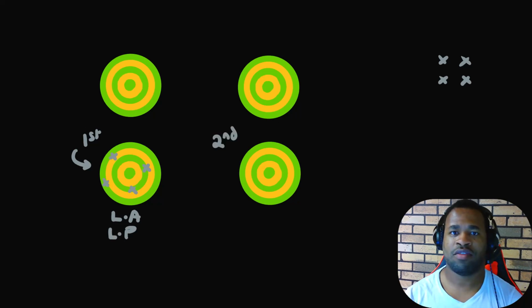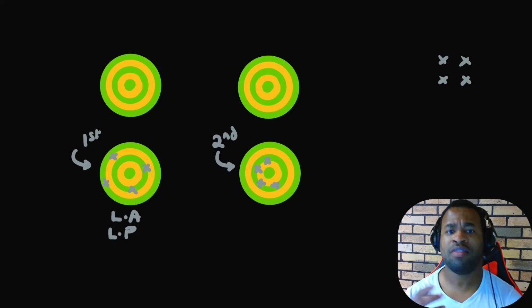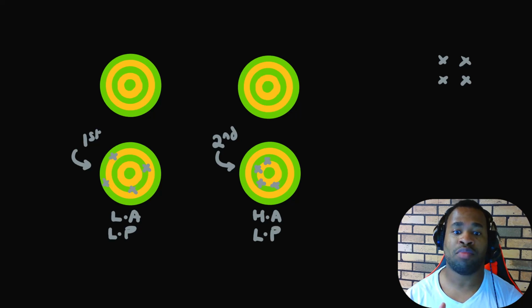Our second scenario shows that the arrows are hitting a specific region but are pretty spread out, and this implies that we have a high accuracy but a very low precision.